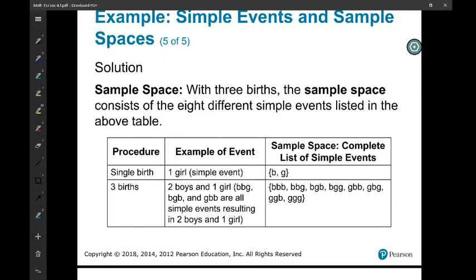Sample space. So with 3 births, the sample space consists of 8 different simple events. This 8 here is 2 to the 3rd.